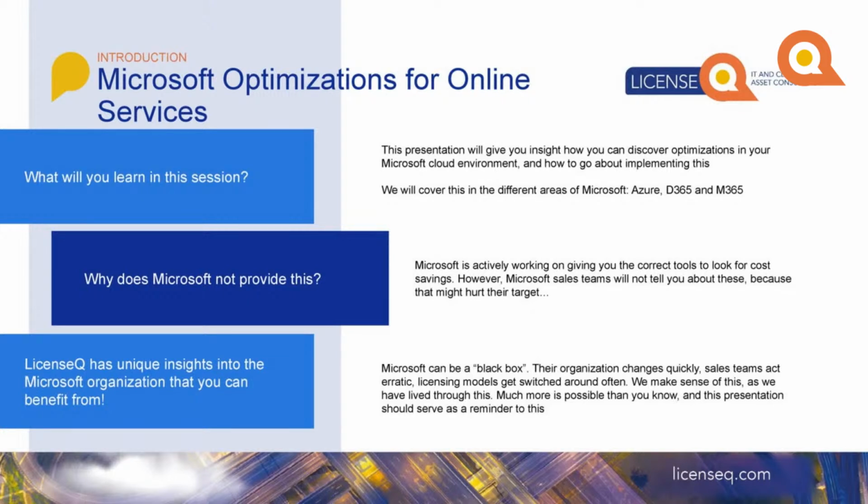And as we have lived through most of these things ourselves, we have been in the situation where we are selling things to Microsoft customers that they might not have needed per se. And a lot is possible. More than you know, Microsoft is not going to tell you themselves. So this presentation should serve as a reminder of how to go about doing this and how to best operate this.